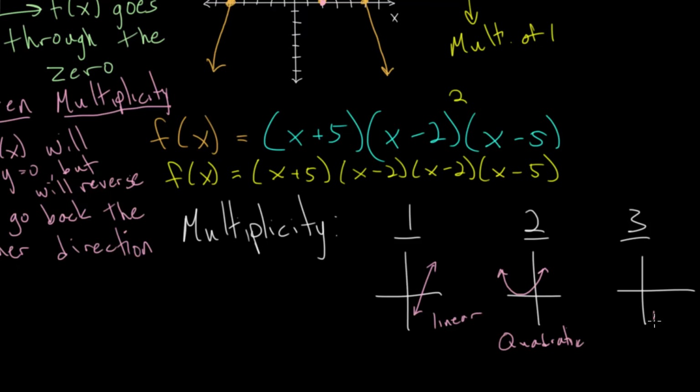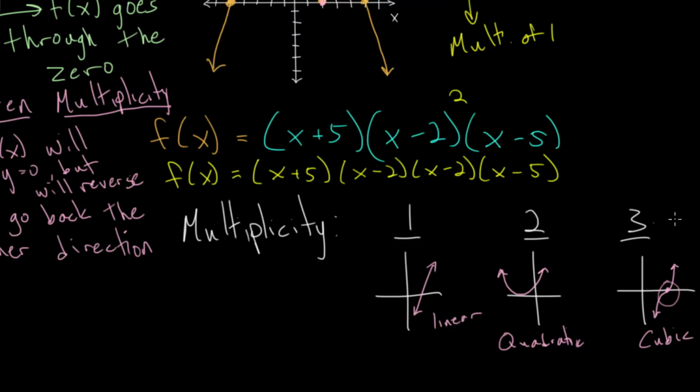So the function will come and it will curve a bit and kind of wiggle its way through it. That's not the best looking cubic. Let me try again. So it's going to come up, and just like the cubic parent function, it will curve a bit as it goes through that 0 there. So we can say that at least very close to that 0, the function behaves like a cubic polynomial.